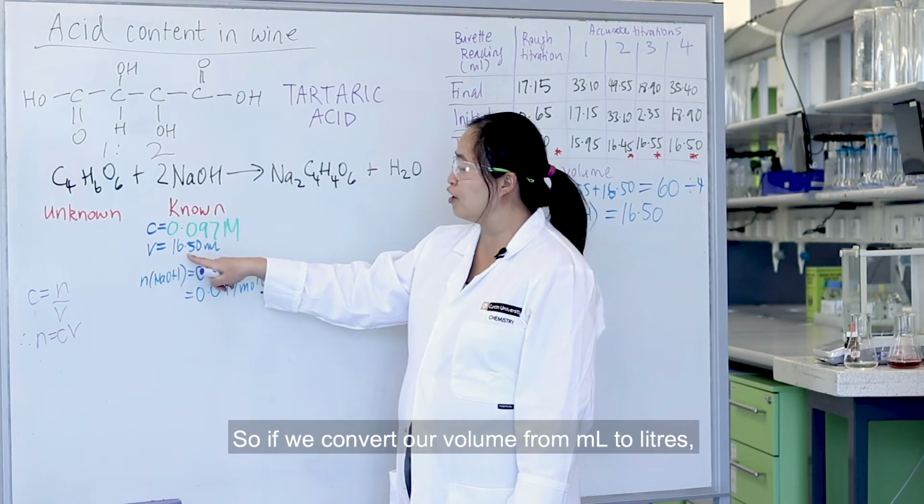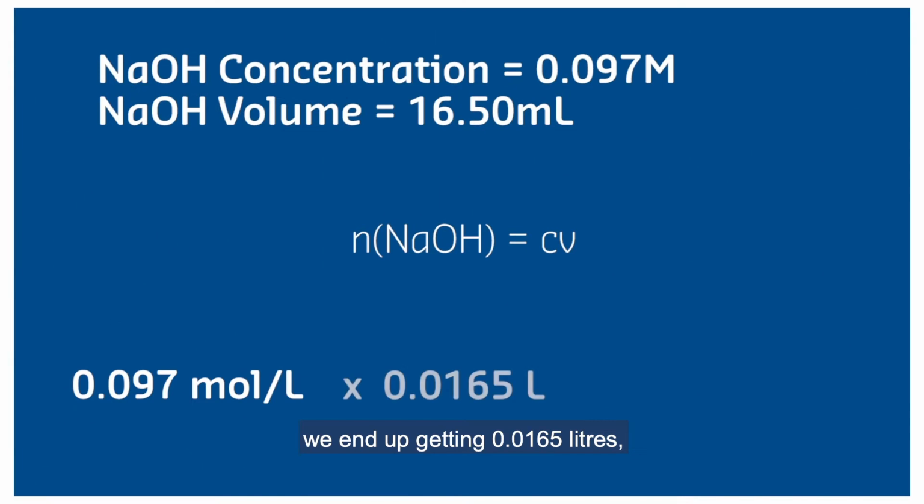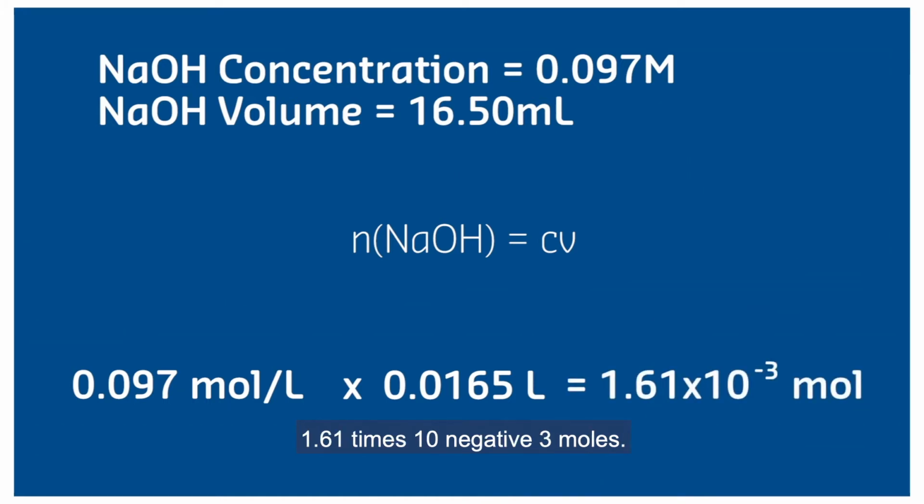That gives 0.0165 litres. So our number of moles is 1.61 times 10⁻³ moles.